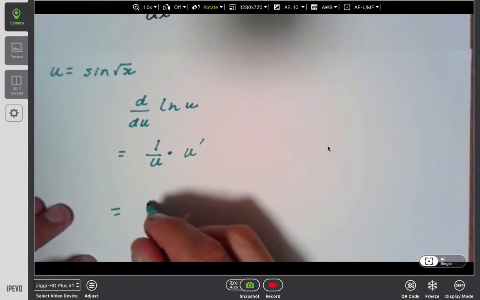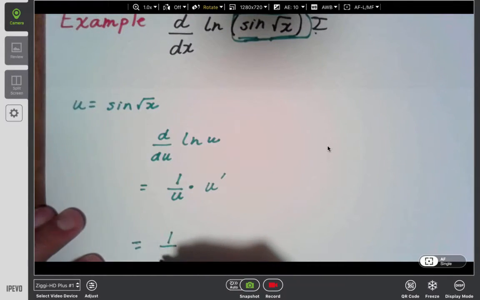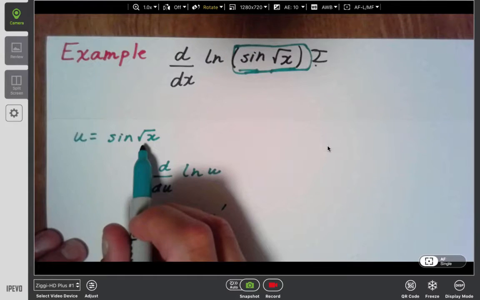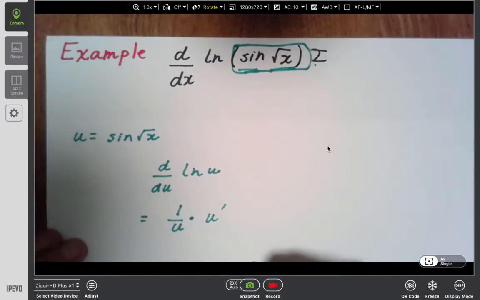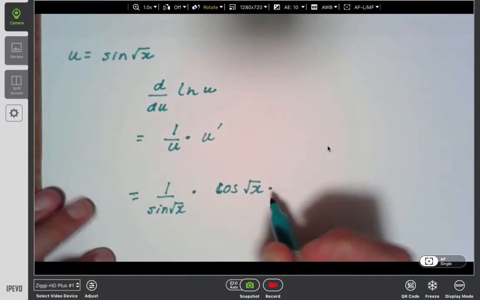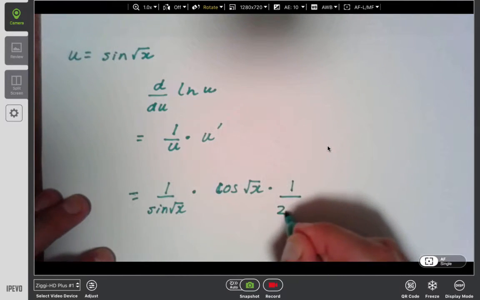So we have 1 over u, which is 1 over sine root x, times the derivative of sine root x. That's going to be cosine root x times the derivative of the inside, which is 1 over 2 root x.